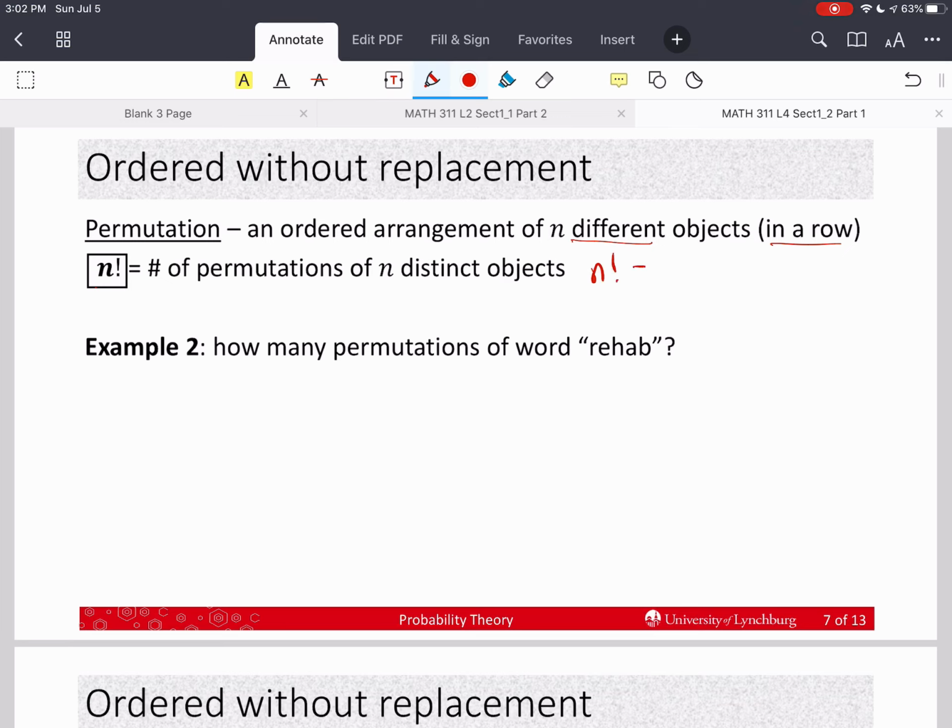N factorial is defined as n times n minus 1 times n minus 2, and so forth until we get to 2 and 1. Now, there's a definition that you need to know, and don't get confused by this, but how many ways to order or select 0 objects?